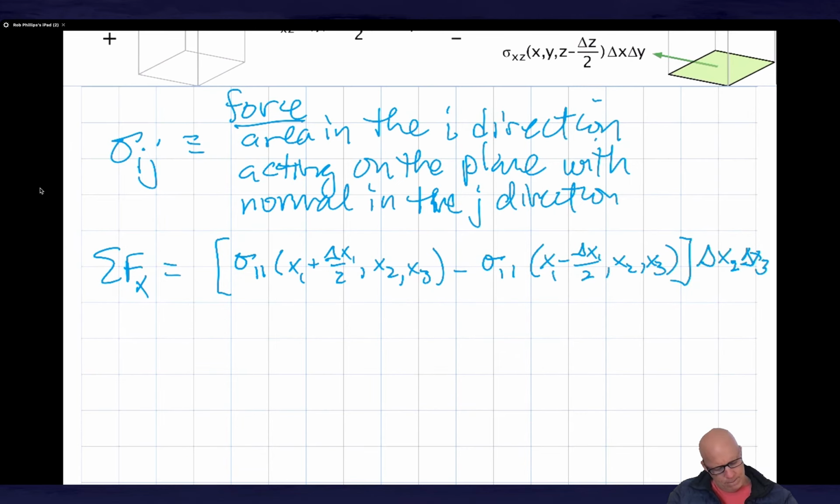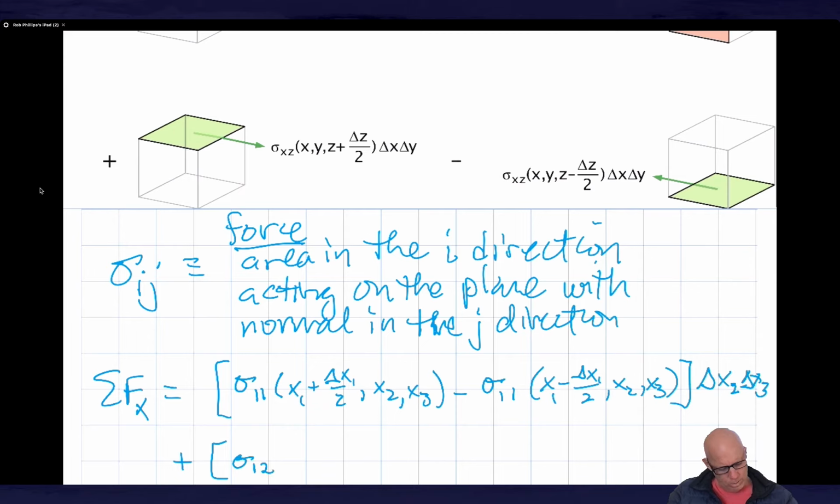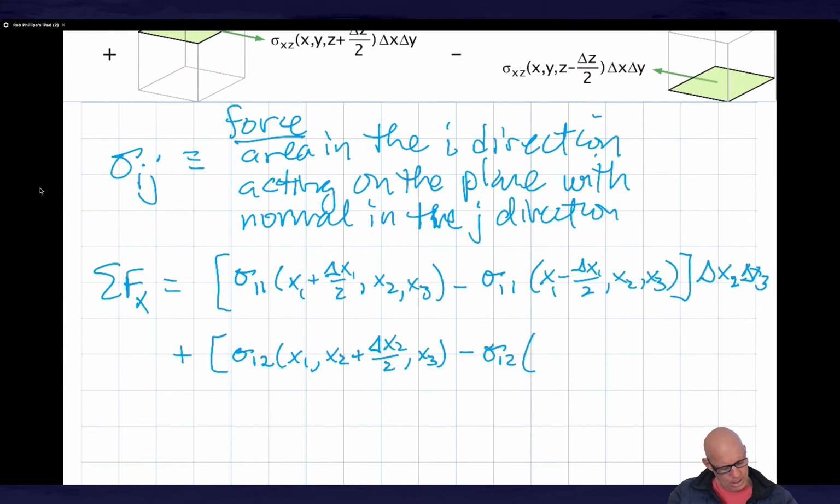And then I have a corresponding term, sigma 1,2 at x1, x2 plus delta x2 over 2, x3, minus sigma 1,2 at x1, x2 minus delta x2 over 2, x3, multiplied by delta x1, delta x3.